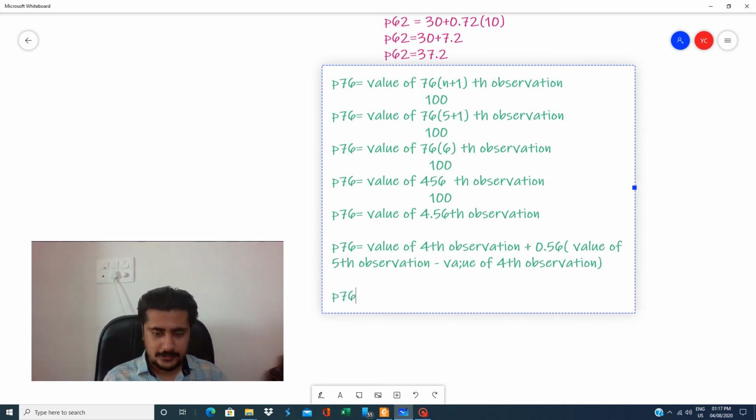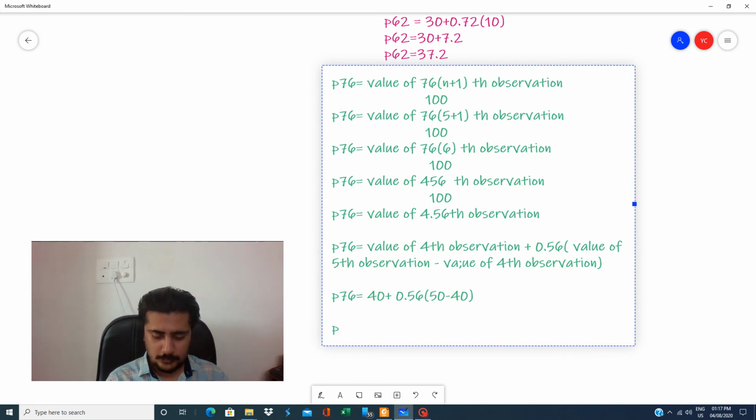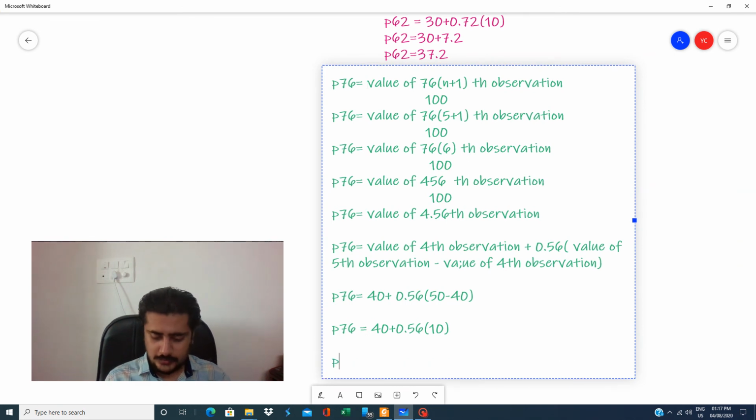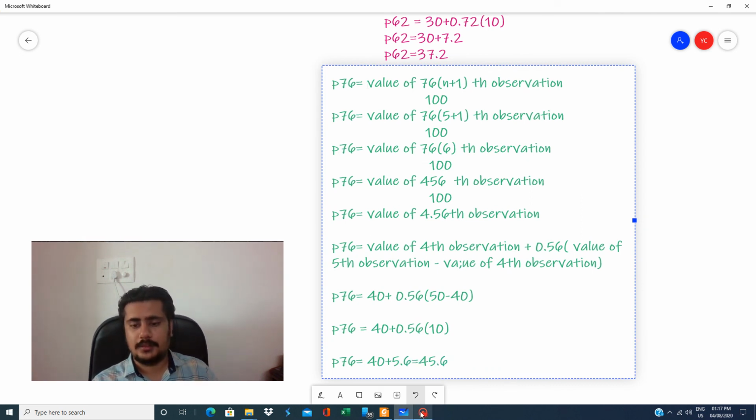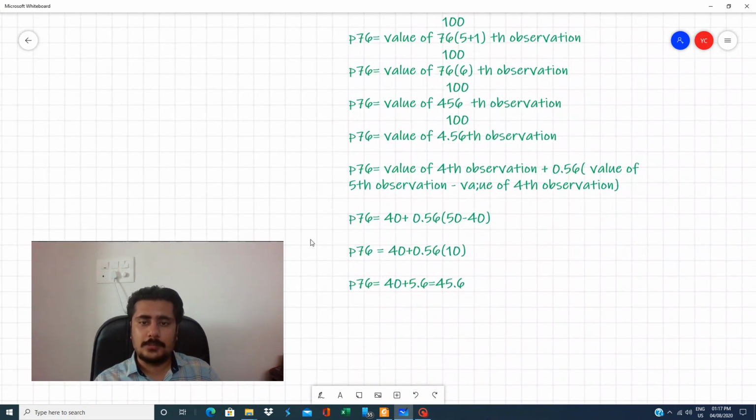So P76 is equal to, now what is value of fourth observation? It's 50 plus 0.56 into 10. So your answer is 50 plus 5.6, that is 55.6. This was percentile time.